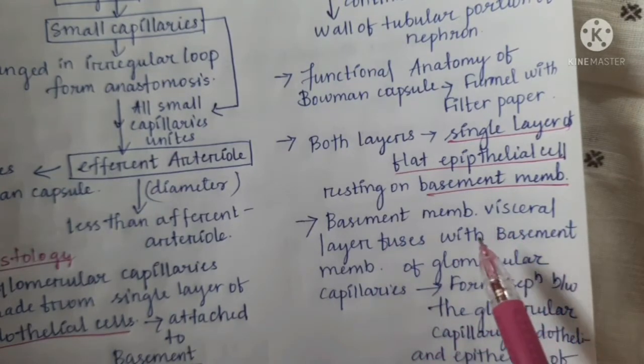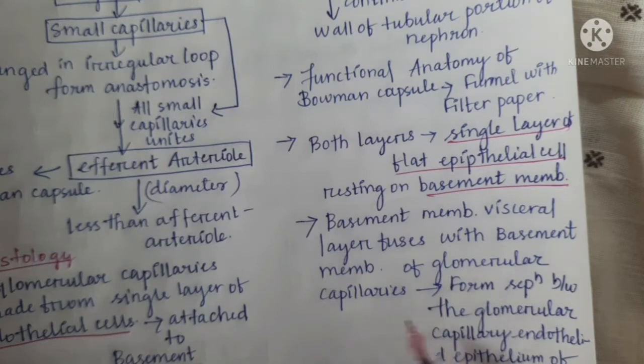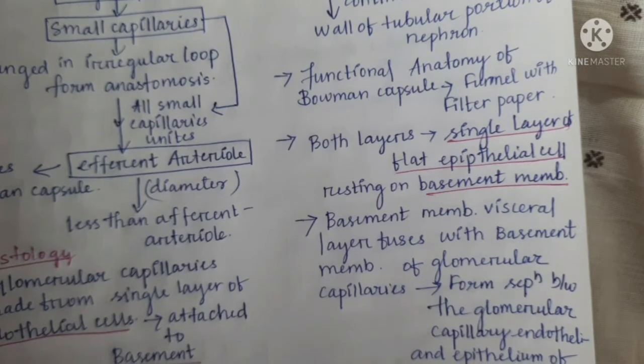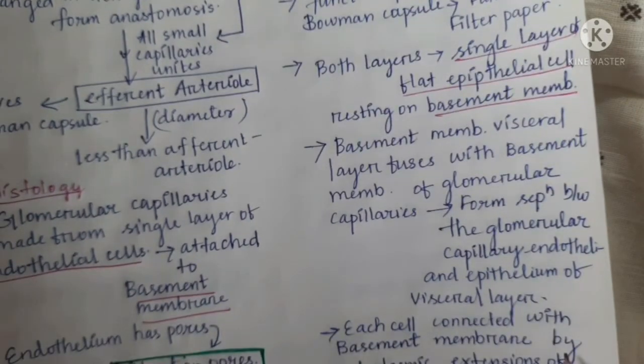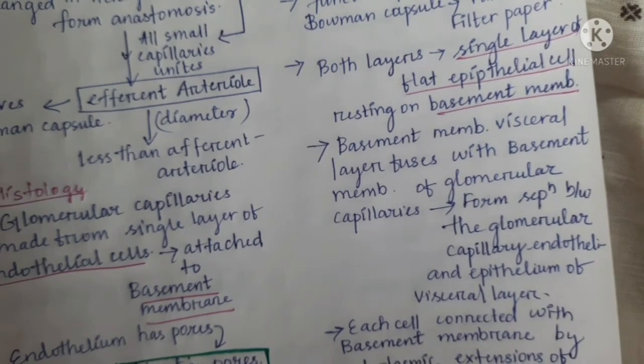Then the basement membrane of the visceral layer fuses with the basement membrane of the glomerular capillaries, and they form a separation between the glomerular capillary endothelium and the epithelium of the visceral layer. Then each cell is connected with the basement membrane by cytoplasmic extensions of epithelial cells, which are known as pedicels.